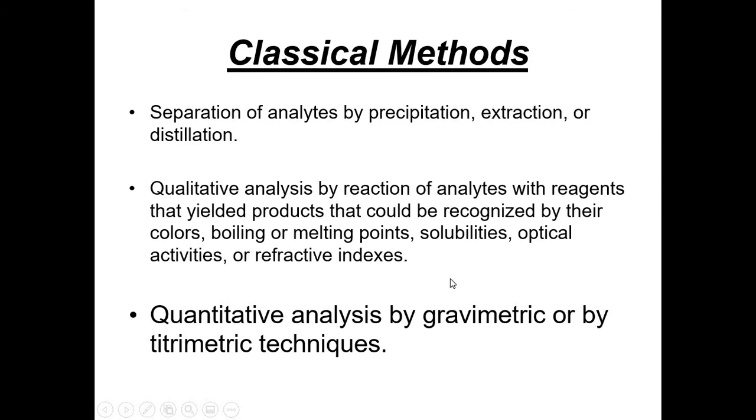So you have to change, for example, your analyte is gold, for example, a gold analyte in an ore. So you want to know how much of that analyte is present, or you want to know if gold is present in that ore. So you have to convert that ore into something that would give you a property of gold.